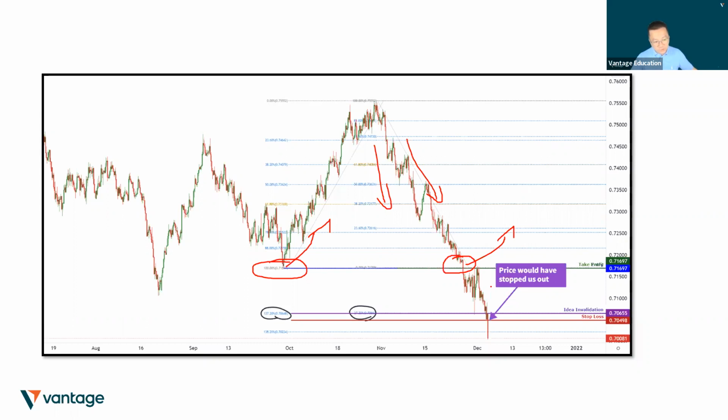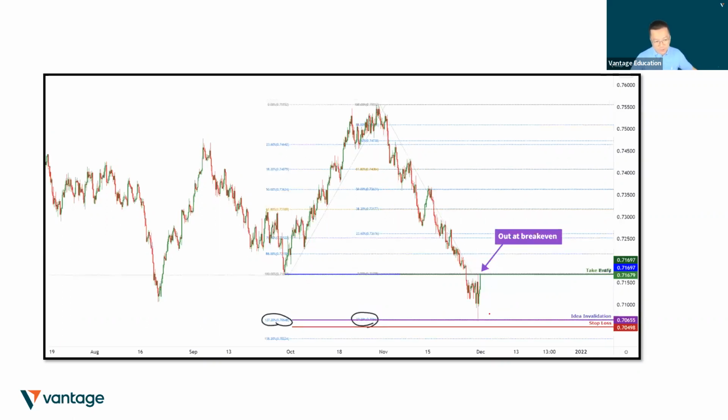And also another reason for this idea invalidation level is understanding that price never moves in a straight line, right? It moves in that zigzag formation. So that's why, let me just clear it out, it's super messy now.